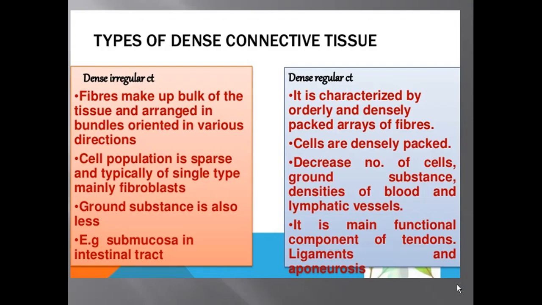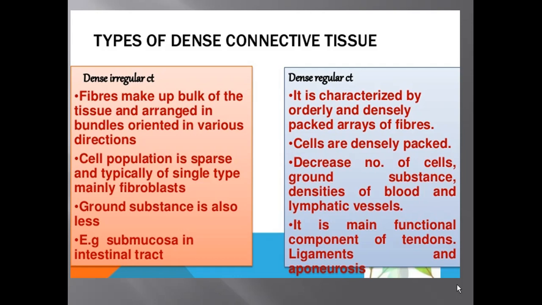And then I make a comparison between types of connective tissue. It goes to regular and irregular, with the main functions for each of them. For example, dense regular has fewer cells with a high amount of fibers, and I give examples: tendons and ligaments.